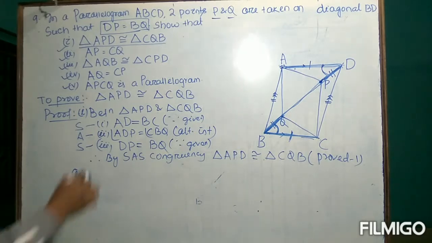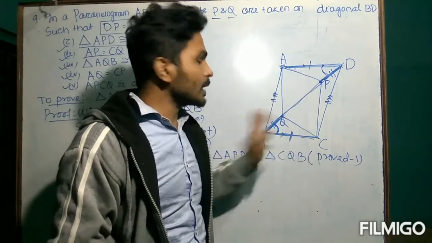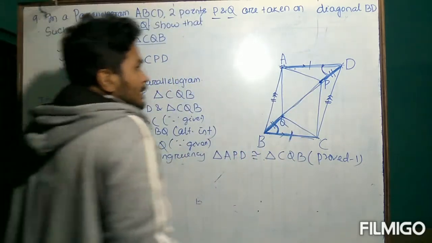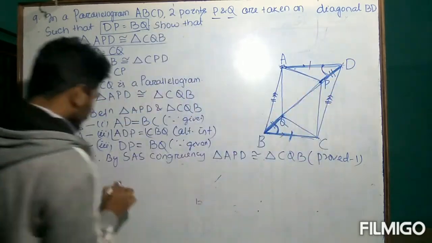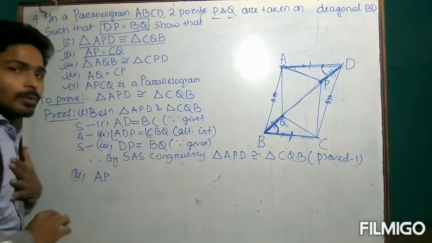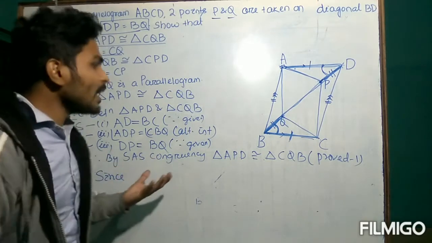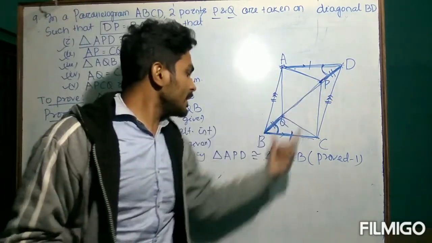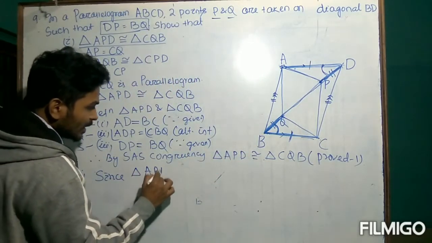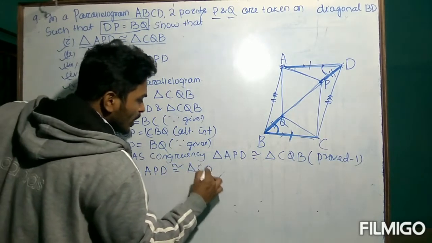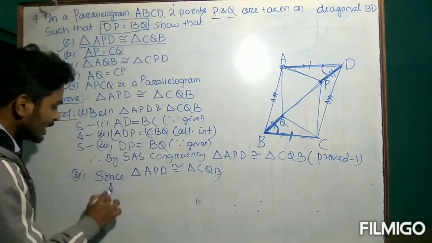In the second statement we have to prove that AP is equal to CQ. How can we prove it? See, if we consider APD as a triangle, then AP is a side. Yes or no? Yes. So first write: since we have already proved that the triangle APD is congruent to the triangle CQB, AP is a side of which triangle?